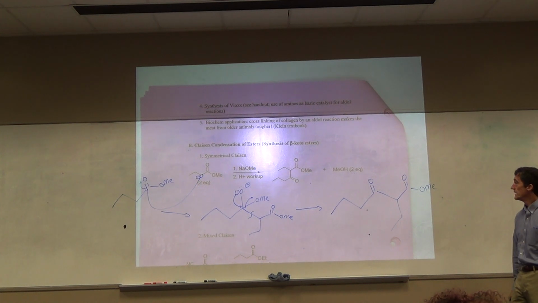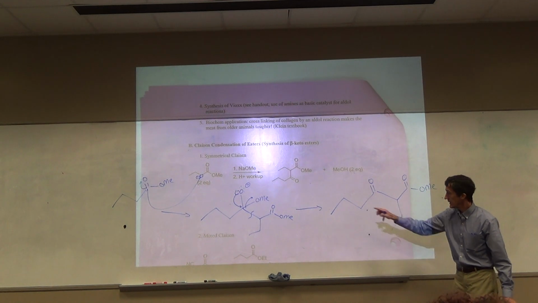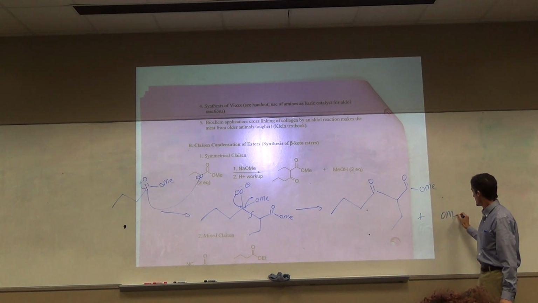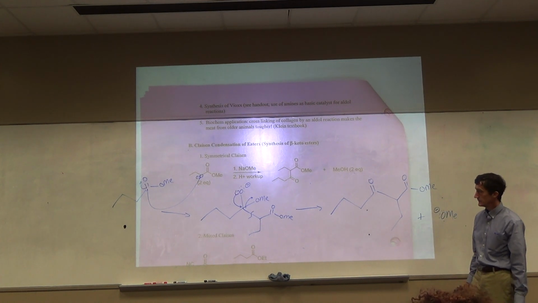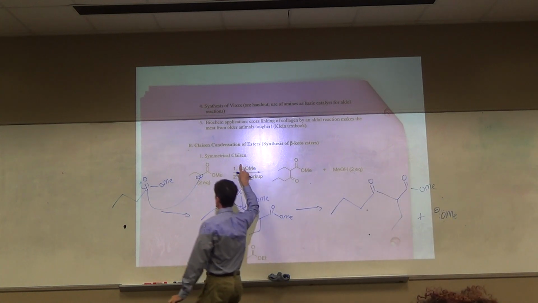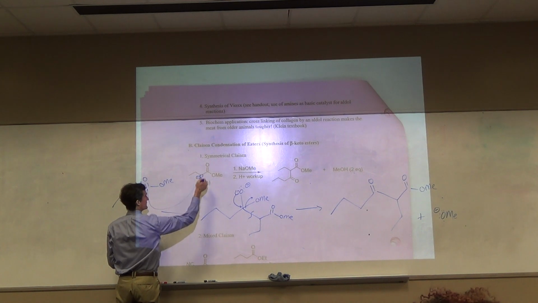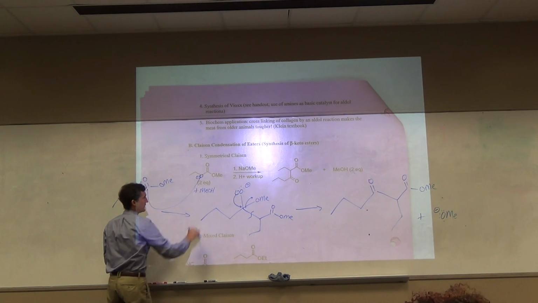Workup. Because what else do we produce here? Methoxide. We started with methoxide, but I didn't show the acid-base reaction. It took the H, we made this plus what? Plus methanol.